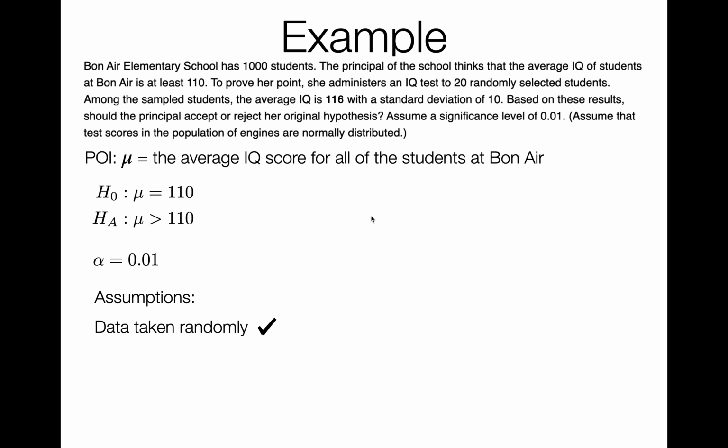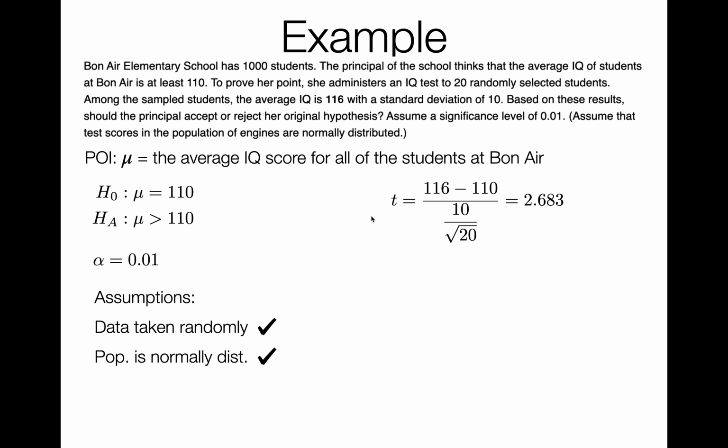She administers an IQ test to 20 randomly selected students, so taken randomly. Great. And is the population distribution normally distributed? Here, it says to assume that test scores in the population are normally distributed. So both of those assumptions are checked.